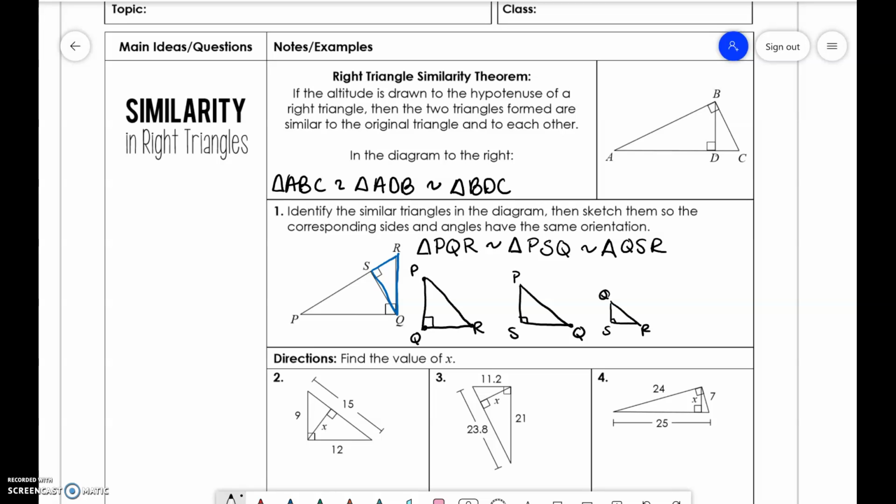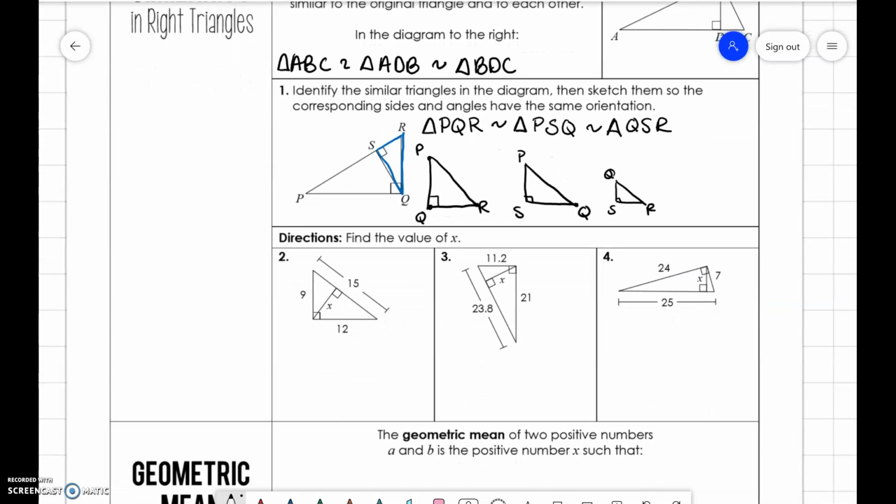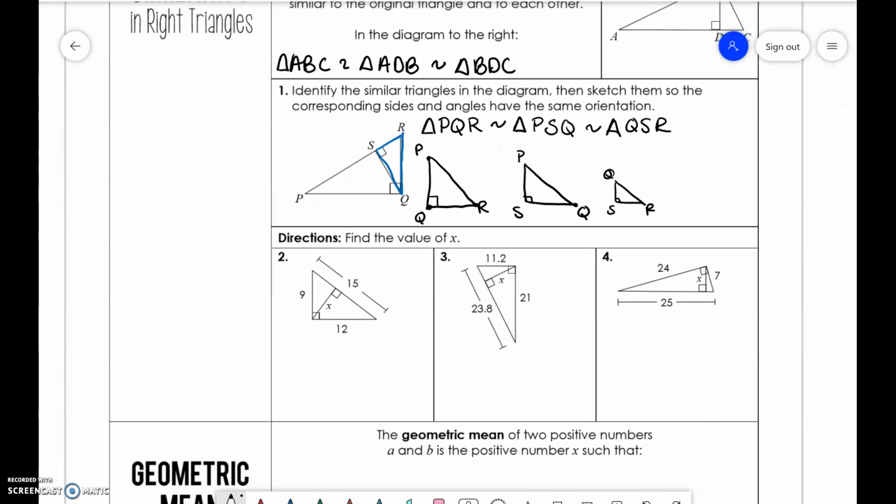So if we remember back to the unit with similarity dealt with proportions. So we are going to write a proportion. Okay, so if we are going to find the value of x here, we want to look at the triangles, okay? So we have a large triangle and we have this small one here, okay? So if we look at the big triangle, 15 is our hypotenuse, and in the small triangle, 12 is our hypotenuse.